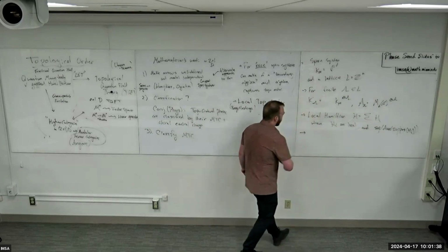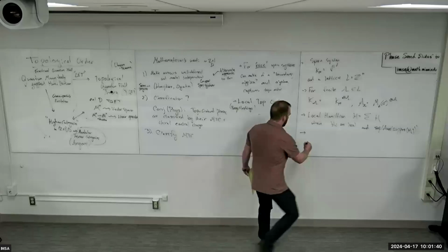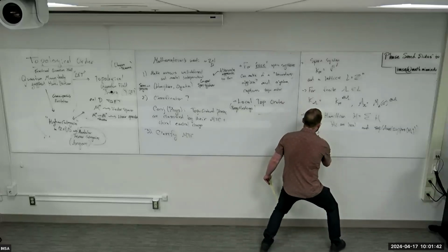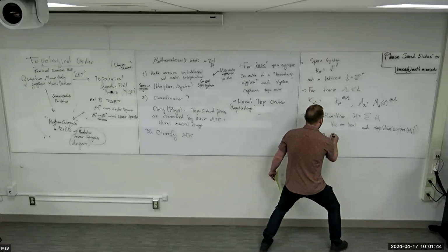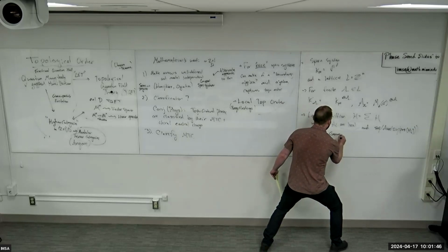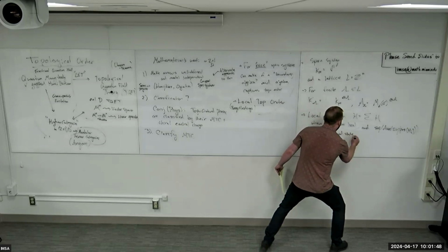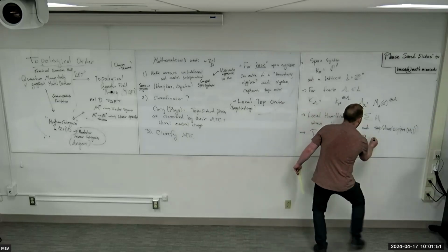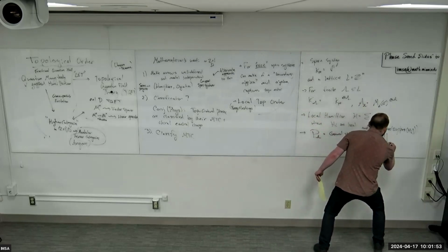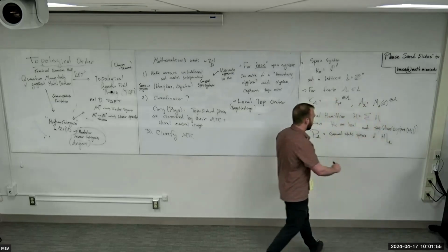And when you have a local Hamiltonian, you can define the local ground state space. So P_lambda is the ground state space of H restricted to the little lambda region.